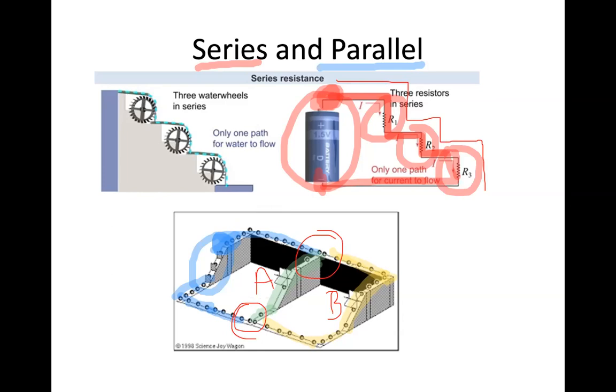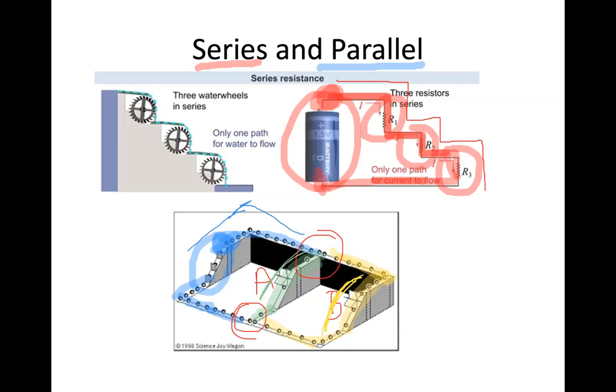In our parallel circuit, the water comes through, but now there's a junction, right? So some of the water will come through the first branch, but another separate amount of water will come through the second branch, over here, branch B, and then they'll all come together again back into blue.